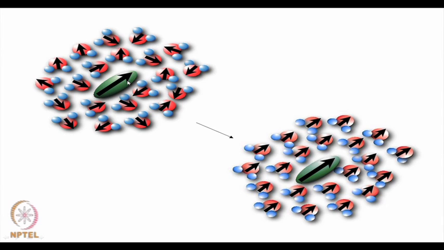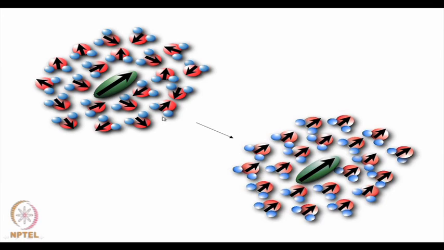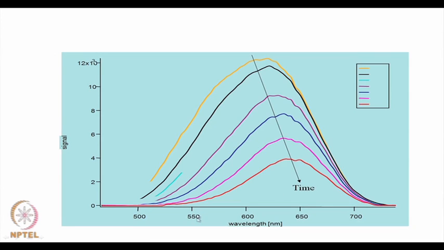So, you can follow the dielectric response of the protein environment, so that you can get information on the pockets of the protein concerned. So, that is why ultrafast spectroscopy in that respect is important. So, it is time dependent Stokes shift.